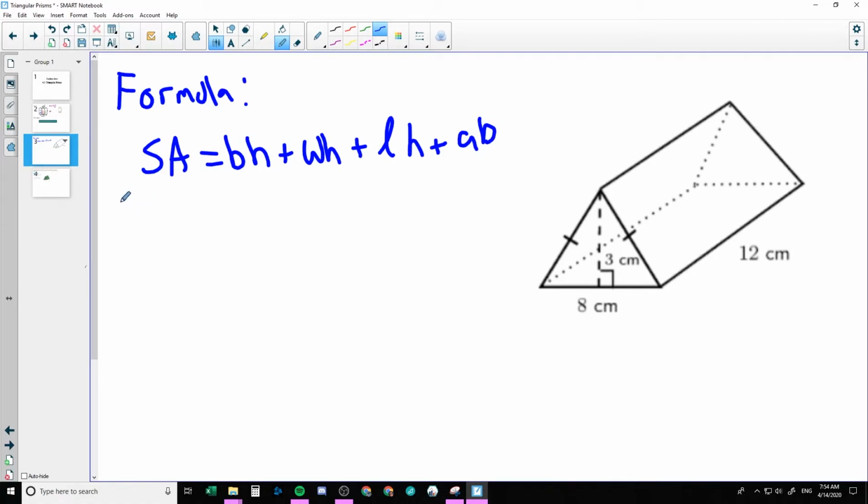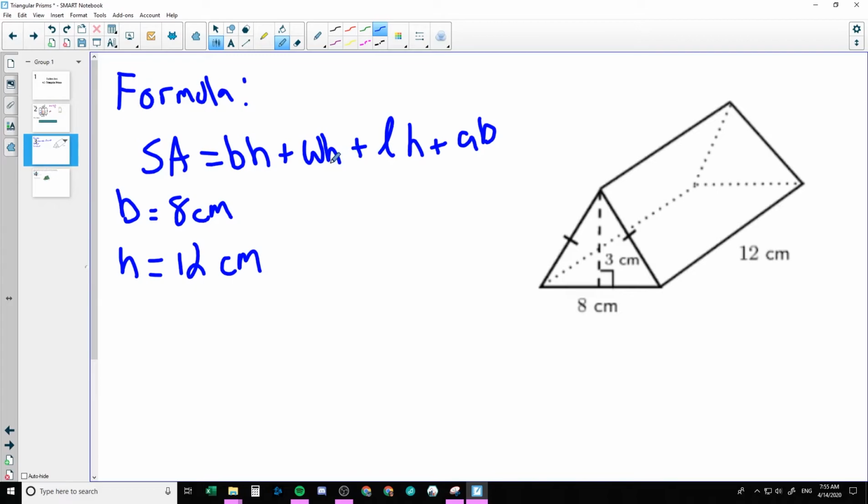So let's figure out what our variables are for this one. So the base of the triangles is 8 centimeters. The height of the prism is 12 centimeters.